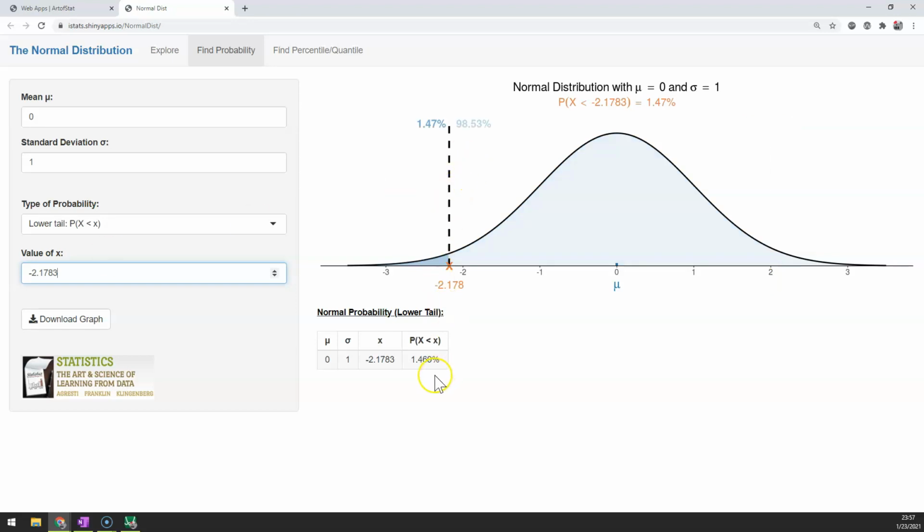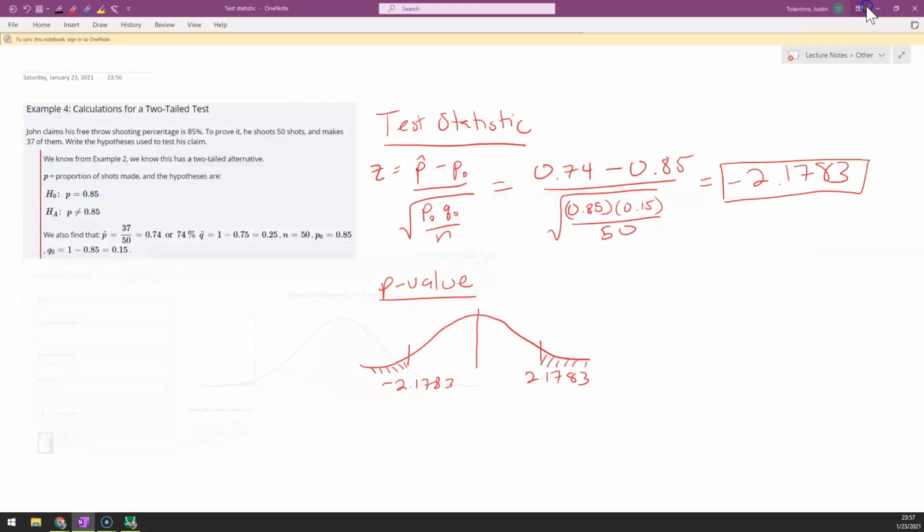And it'll give us this probability, 1.469%. So we know the probability of getting something that far or less than it is 1.469%.